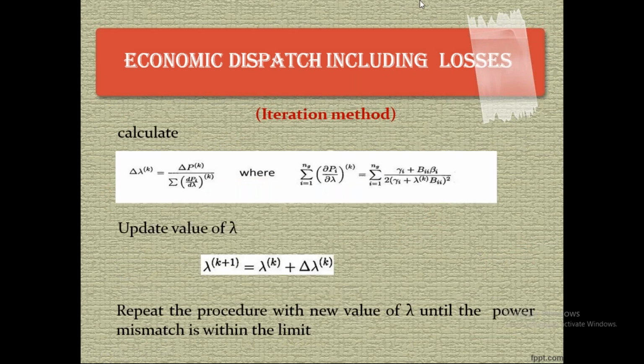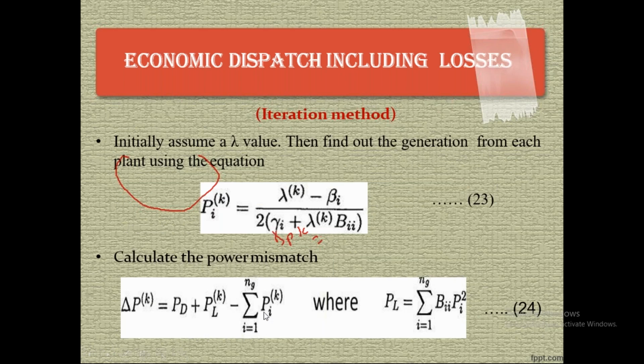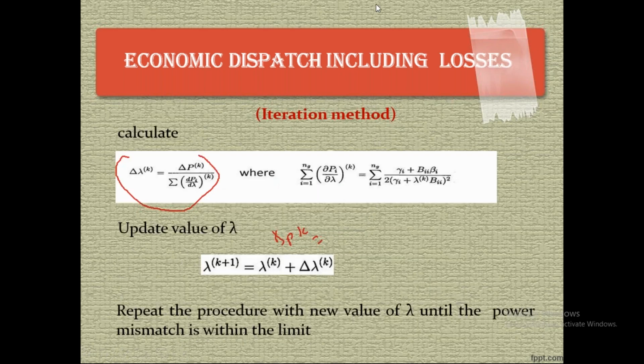How can we find delta lambda? By using this formula, which we use for updating. Here delta P power k is defined by the value we found in this equation. Suppose you are obtaining minus 44 here, so we use minus 44 here: minus 44 divided by this expression, and if you expand it, you will get the answer.